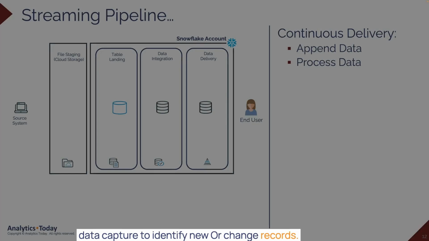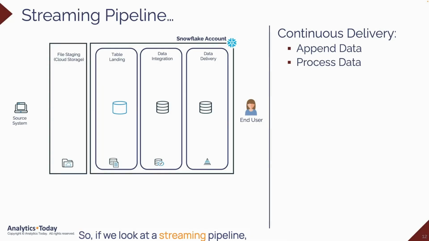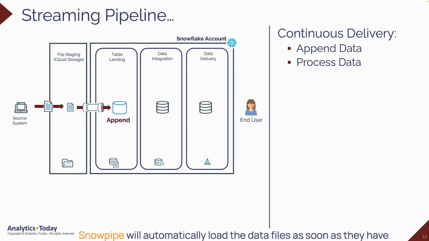So if we look at a streaming pipeline, it's really there for continuous delivery. I'm going to use an example using Snowpipe, but equally you could use Copy. Your source system delivers the data files. Snowpipe will automatically load the data files as soon as they have arrived, and they will be appended to the table in the landing area.